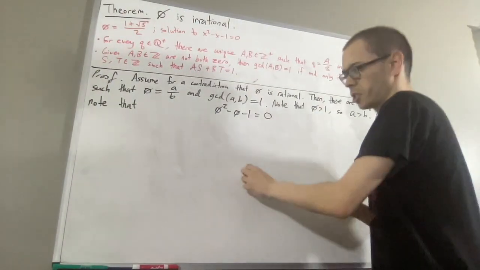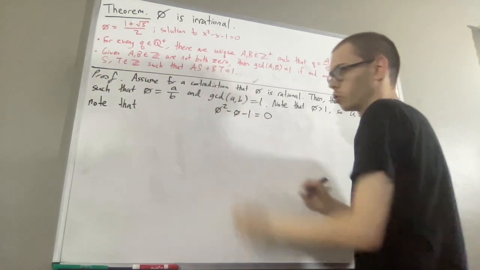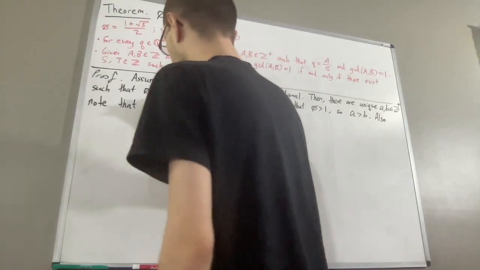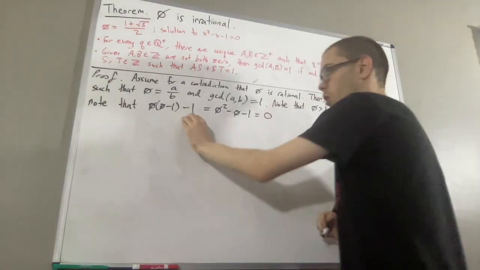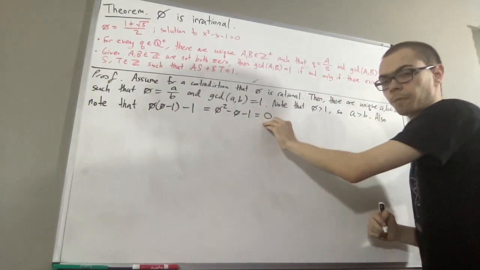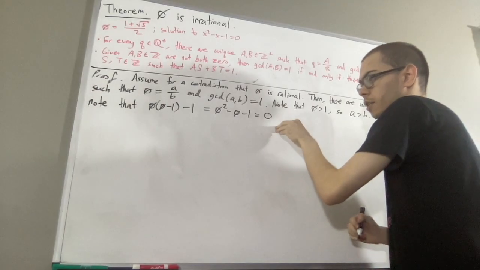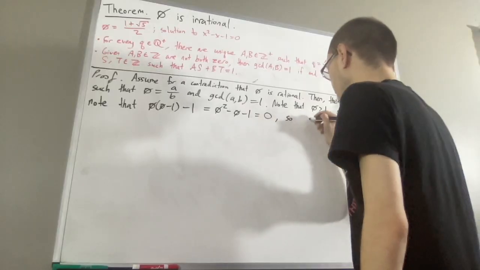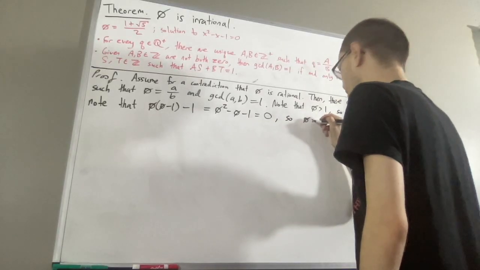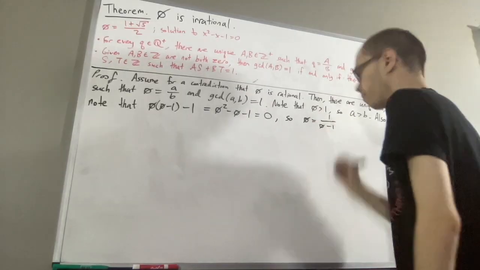Now we take the first two terms and factor out the golden ratio. So this is the golden ratio times the golden ratio minus 1, minus 1, which is equal to 0. Adding 1 to the other side and dividing by golden ratio minus 1, we get that the golden ratio is equal to 1 over the golden ratio minus 1.